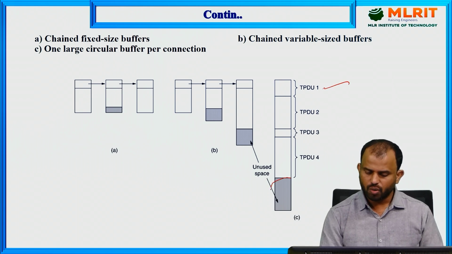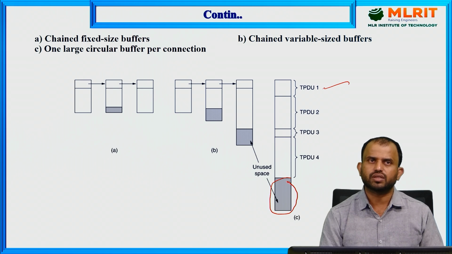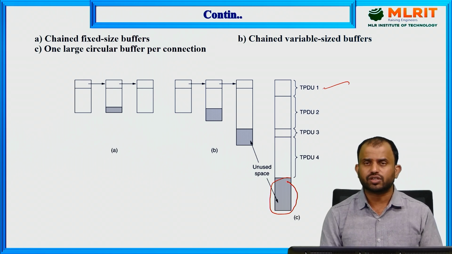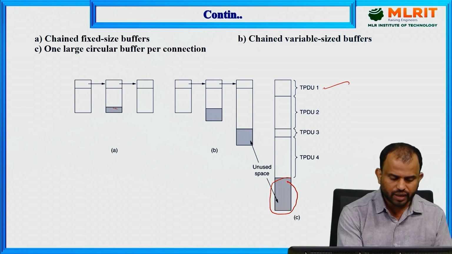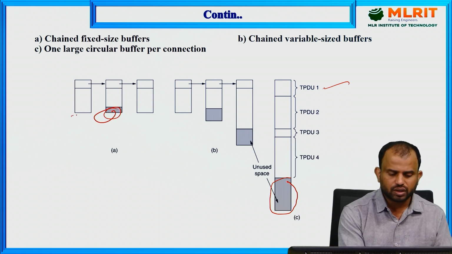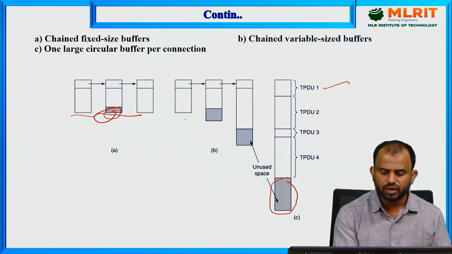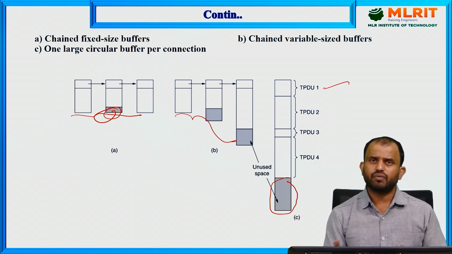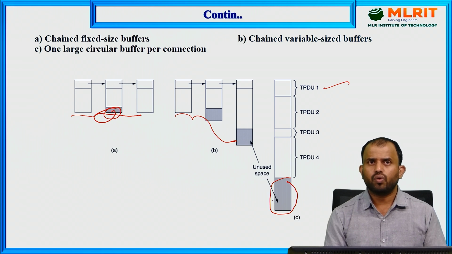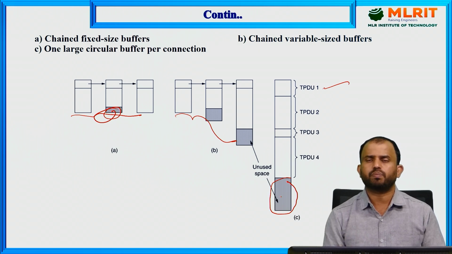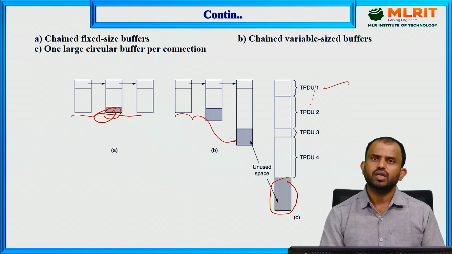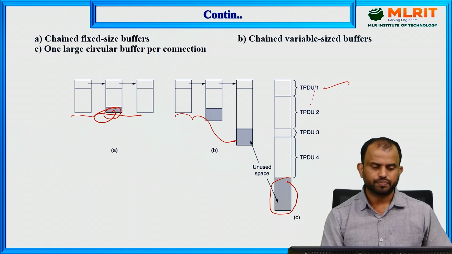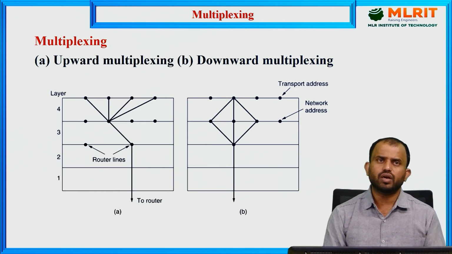There is an optional kind of service with unused connection space, because we establish one large circular buffer per connection, and only then is the information transmitted. Here also we have unused space, but everything is the same size. But in the variable case, we can change the size based on the request, based on the respective transfer protocol data unit. We also call this multiplexing.